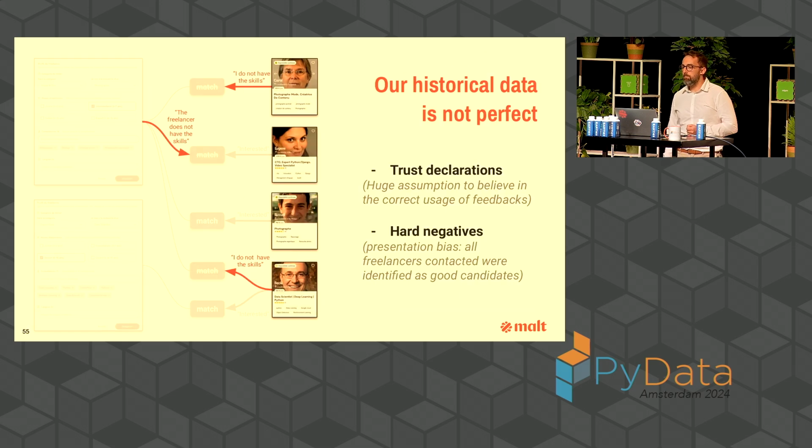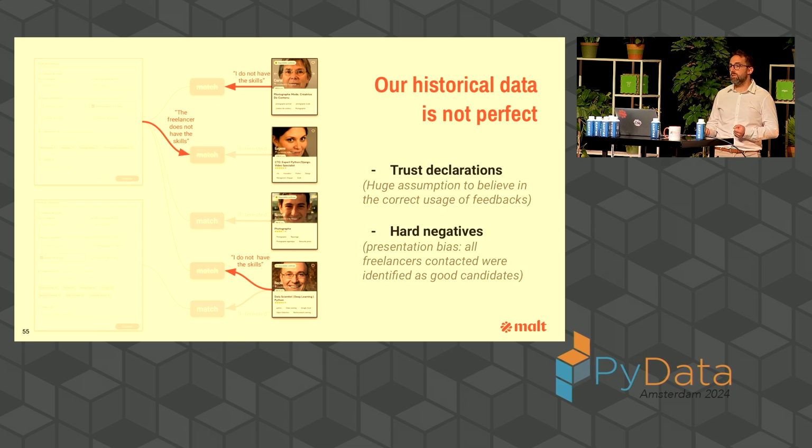However, there's also bad news, which is that this data is not perfect, for two main reasons. The first one is quality, because both freelancers and companies might not select the right refusal reason because they did not understand the implication. They also fear what is going to happen. So we cannot fully trust this feedback.